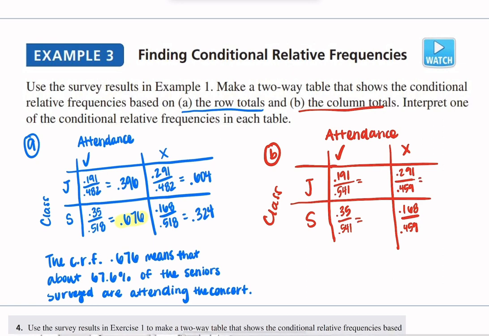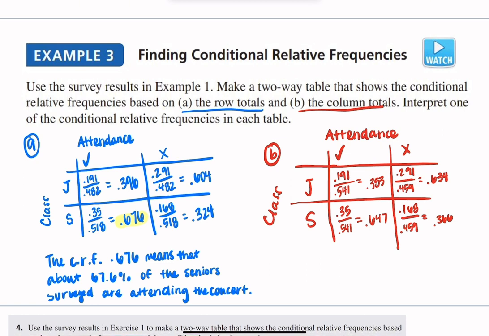For this one, I'm going to cheat and use the book, but we would use our calculator. So that's 0.353, 0.647, 0.634, and 0.366.